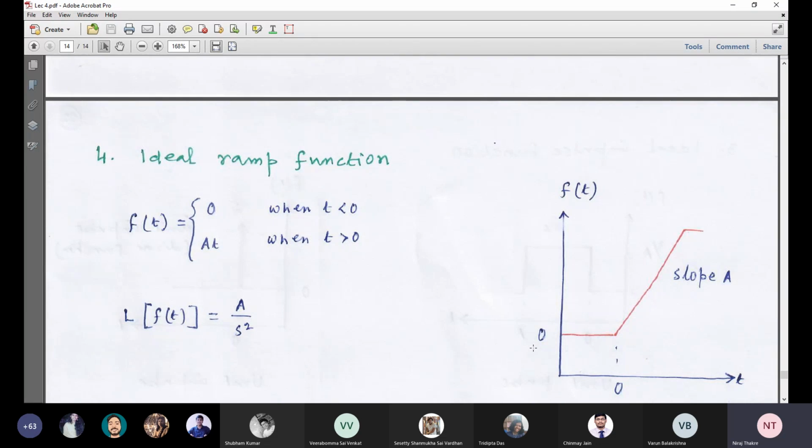So obviously you are understanding why this is called ramp, and it's a straight line. So the Laplace transform is a by s square.